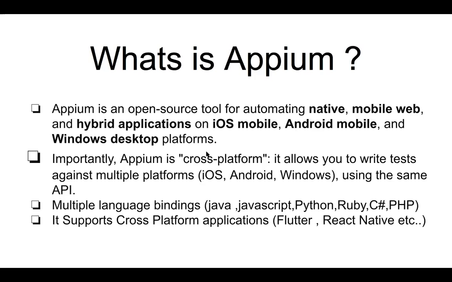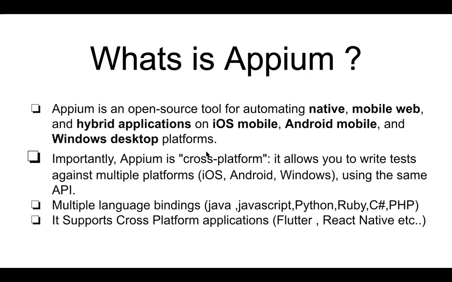So importantly, Appium is cross-platform. It allows you to write tests against multiple platforms like iOS, Android, and Windows using the same API. And there is multiple language binding support as well. You can write tests in Java, JavaScript, Python, Ruby, C Sharp, PHP, etc. All right.